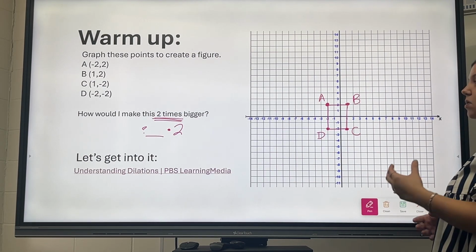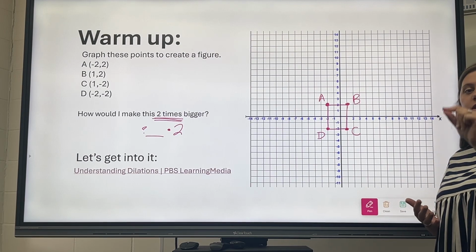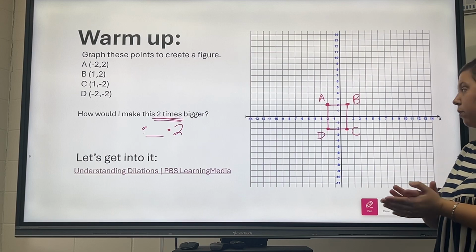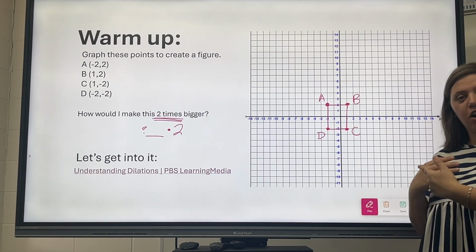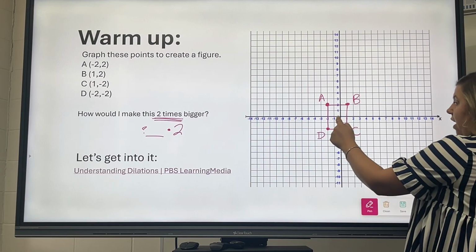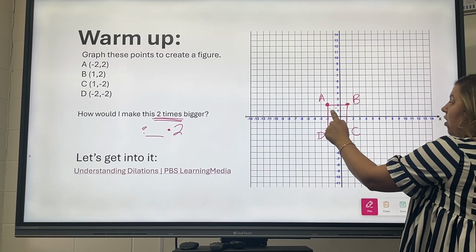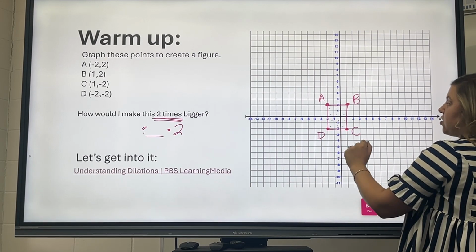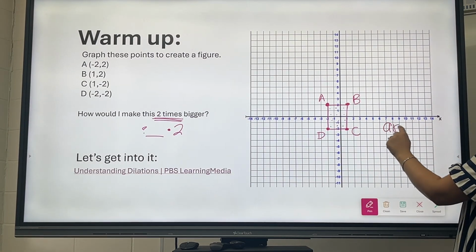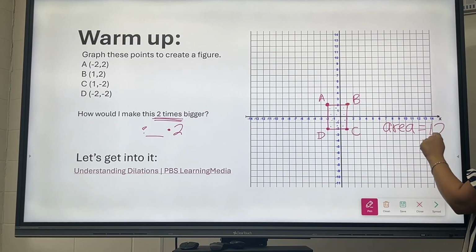Okay, so if I'm talking about area, I'm talking about all of the space inside of this particular shape, right? Well, lucky for us, there are squares inside of this, so it makes it kind of easy. So if you have this, then you would count all of the squares inside of that shape. There are 3, 6, 9, 12. Okay, so the area equals 12, right?